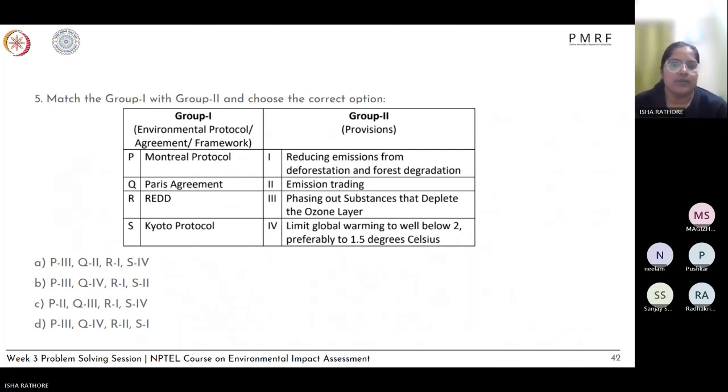So again, this is what is important: what are the provisions and the aims and intent of important protocols, agreements, or acts, which we saw in the timeline. Group one has most of the significant protocols and agreements which have happened over the years. So we have the Montreal Protocol, the Paris Agreement, REDD, and the Kyoto Protocol.